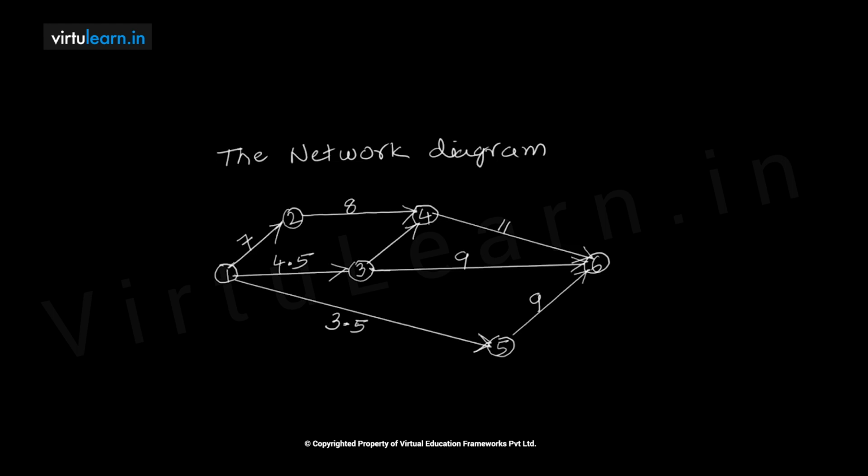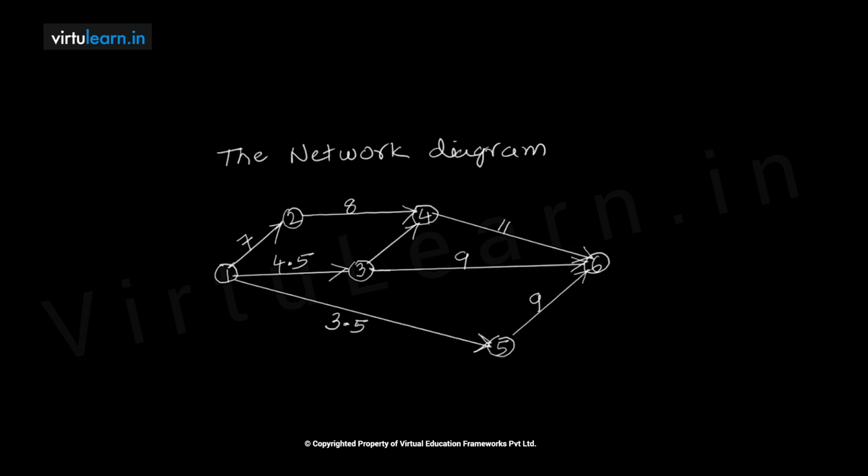So to find out the project duration, first of all we need to write down all the paths. Then we have to find out the duration. How are we going to find out? For example, 1, 2, 4, 6. 1 to 2 it is 7, and 2 to 4 it is 8, and 4 to 6 it is 11. That means 7 plus 8, 15, plus 11, so 26.